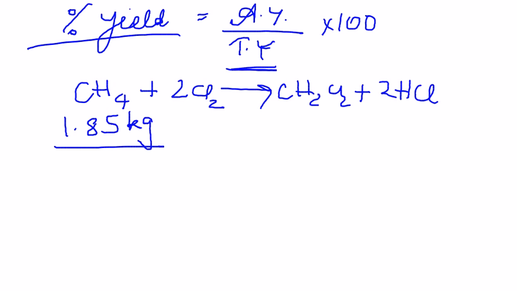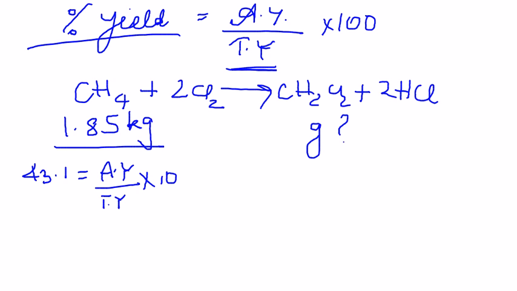We are asking for grams of dichloromethane. If the yield is 43%, so the percent yield is given to be 43.1. What that means is that the ratio of actual yield by theoretical yield is given as 43.1%, or one can say that 0.431 is equal to actual yield divided by theoretical yield.